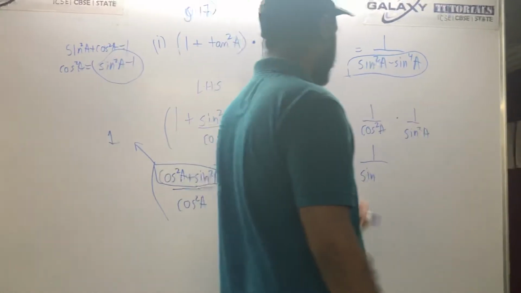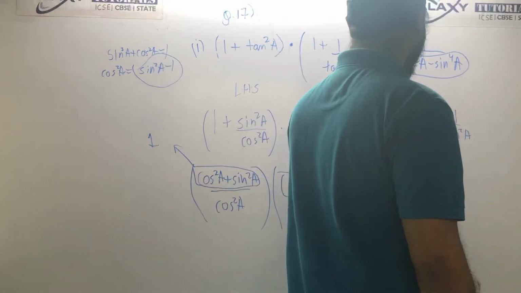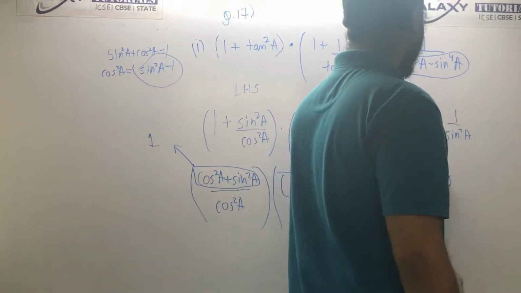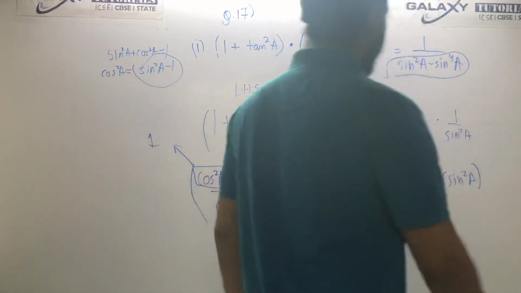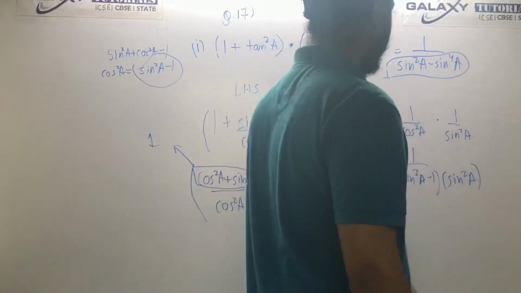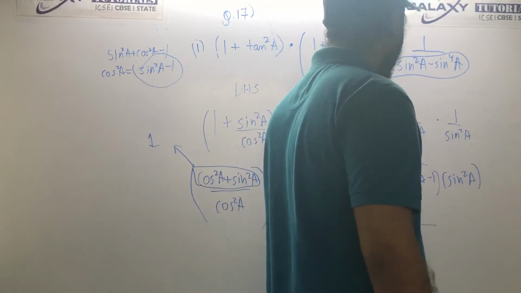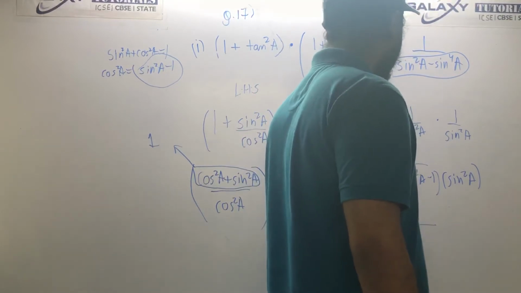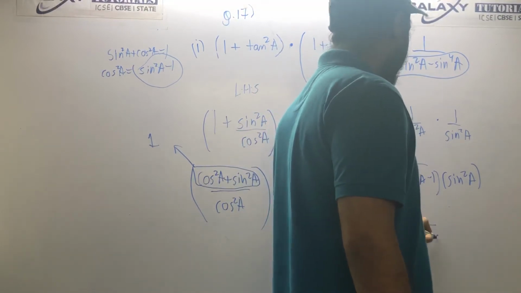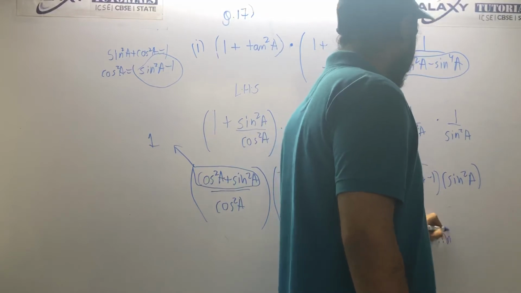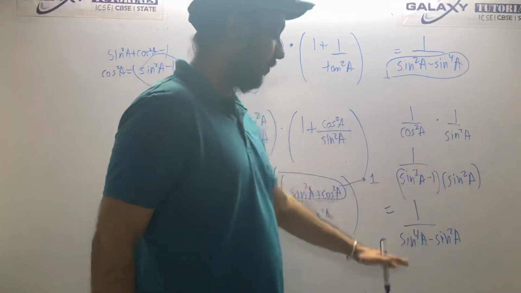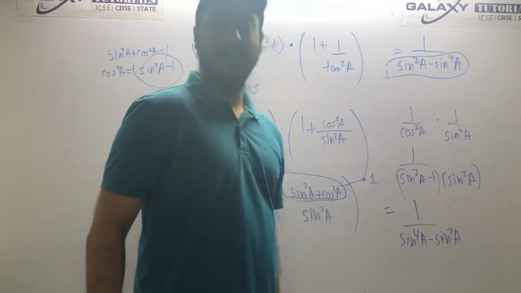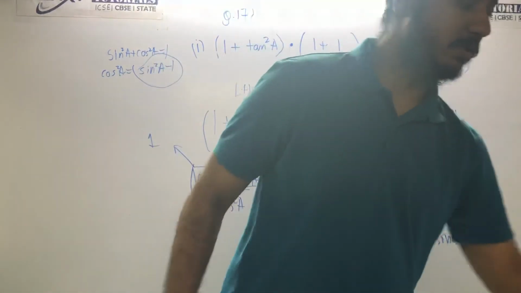Okay, so sine square a minus 1 into sine square a. So this will be equal to sine raised to the power 4a minus sine square a. If you multiply the sine square inside the bracket, this will be sine raised to the power 4a minus sine raised to the power 2a. Okay, so this is the answer.